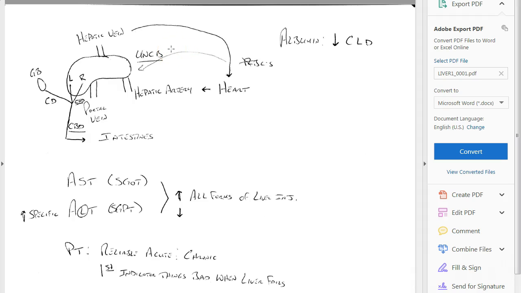So what happens, red blood cell lyses, it dies, it releases all of this unconjugated bilirubin, goes straight to the liver, where enzymes or hepatocytes then turn this into conjugated or direct bilirubin. Okay?